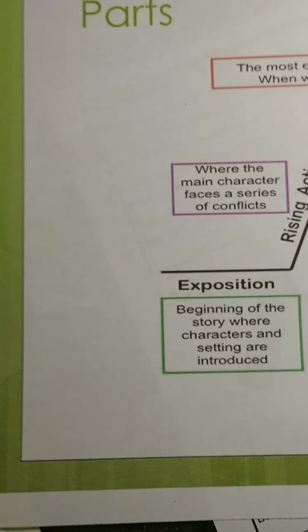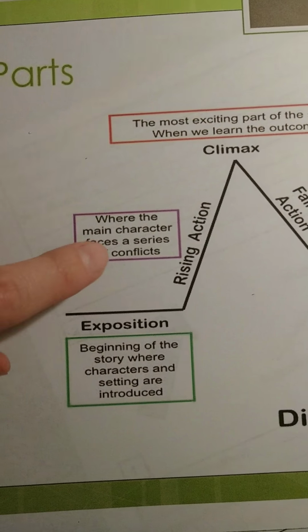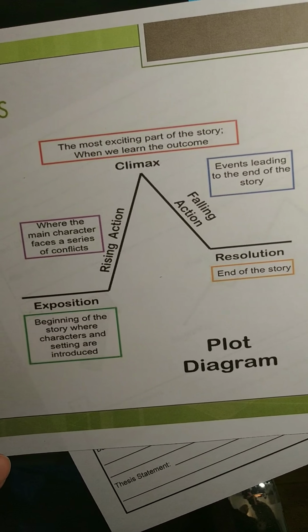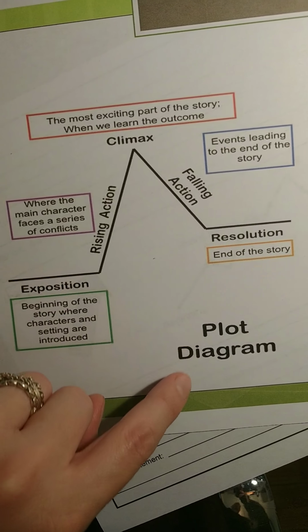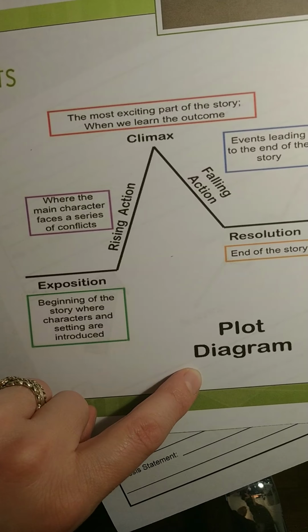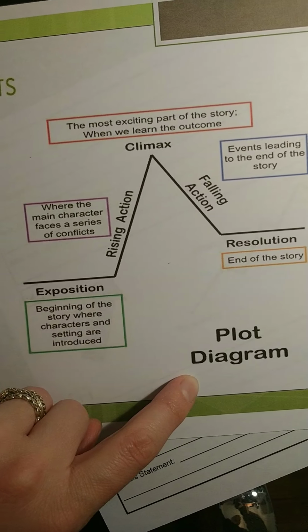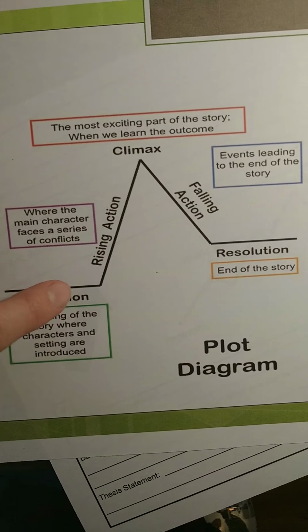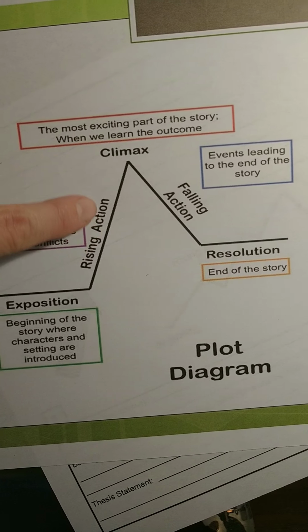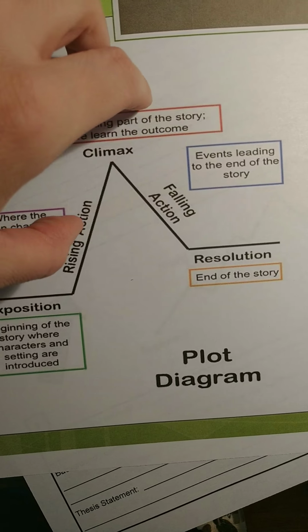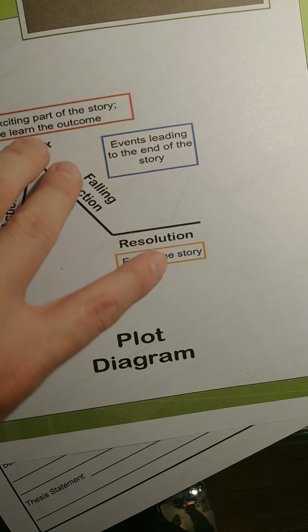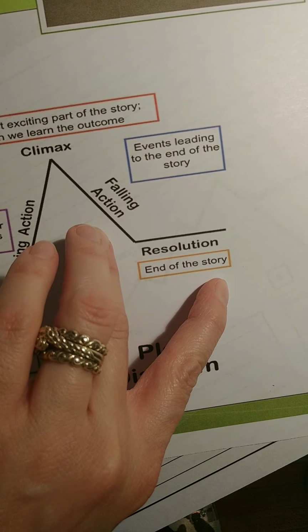It's called a plot diagram. Basically, it shows the way the story goes in a narrative. You have a beginning here, and then some rising action, some things happen, and then you have the middle kind of here. And then you have falling action, and then a resolution here.